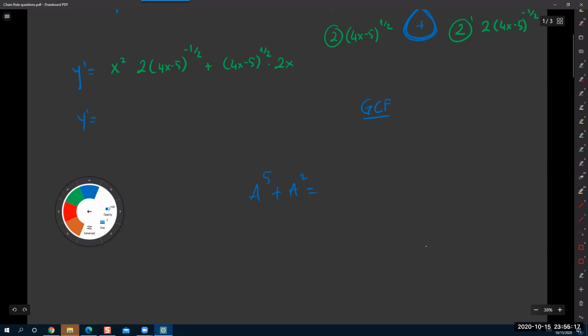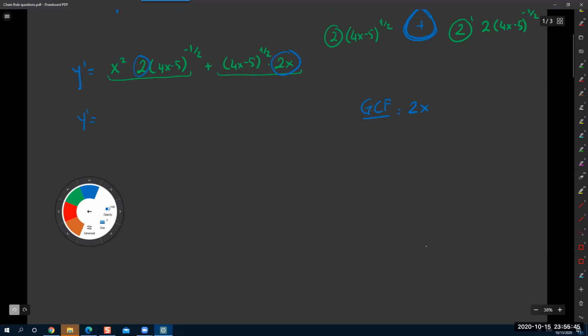What's the greatest common factor here? a squared, right? Because you look at the exponents and you aim for the smallest exponent with the same base. You do the same thing here. Looking at the first term and the second term, obviously 2x is part of the GCF, because there is a 2 and one of these x's in each.